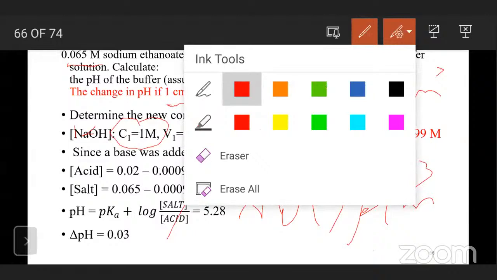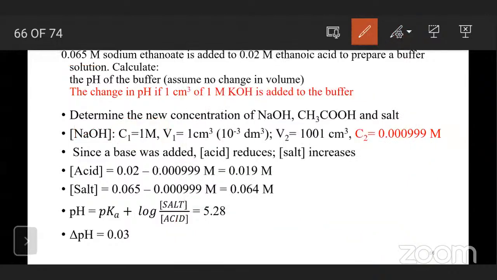So let me clean this again so that you can see it properly. So your V2 is, you initially add 1 liter, that's 1 dm cubed, and you introduced 10 raised to the power minus 3 dm cubed into that via this base you have added. So what will now be the new volume of this buffer solution?